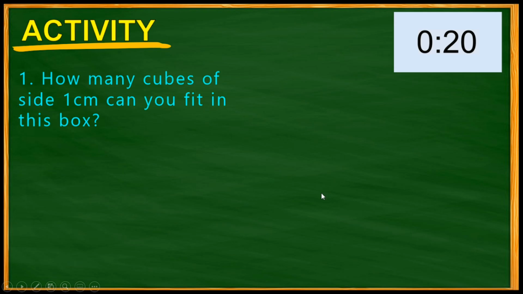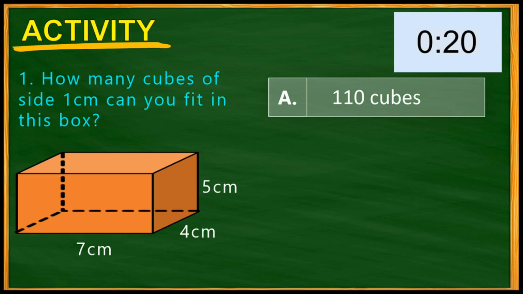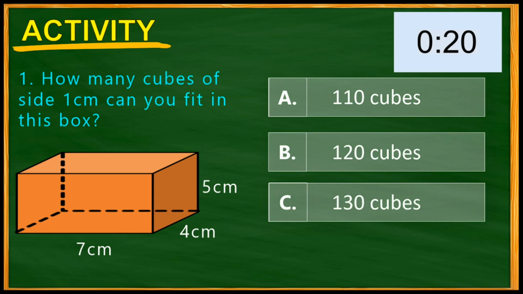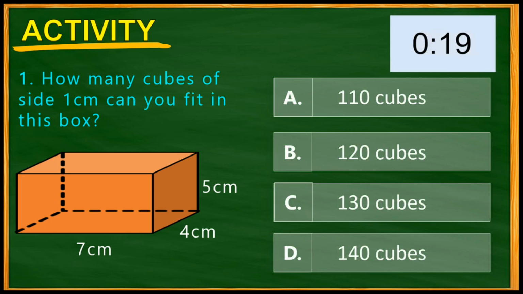Your timer starts now. For letter A, we have 100 cubes, letter B, 110 cubes, letter C, 120 cubes, and letter D, 140 cubes. 20 seconds starts now.